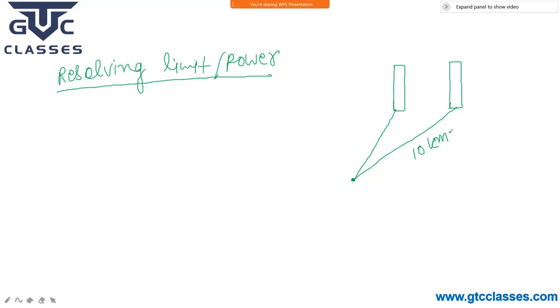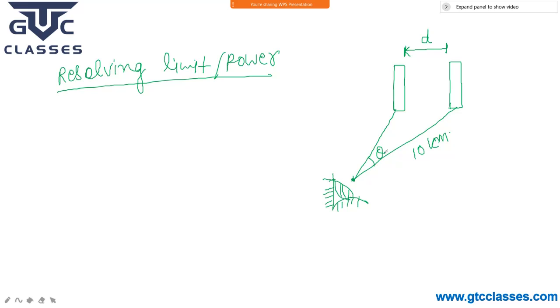The question is, is there any requirement that they should be at some distance apart so that you can see them, or is it not required? So let's say here is your eye, and you are seeing the images of these at this point. Let's say this angle is theta.